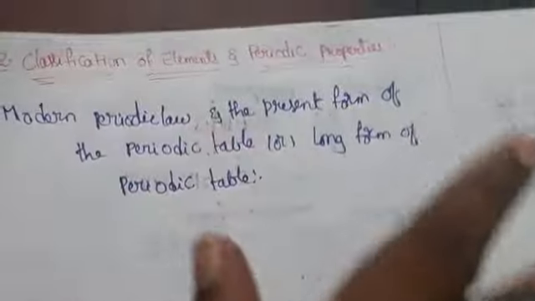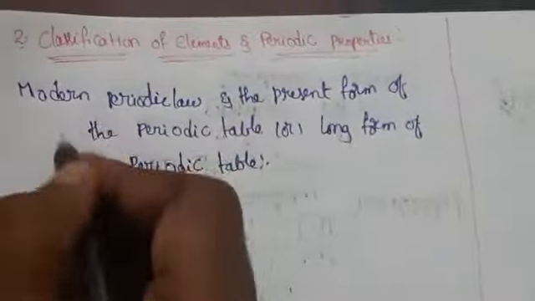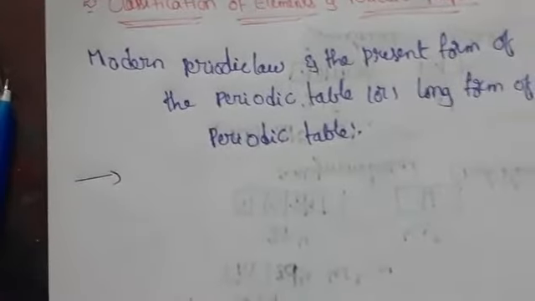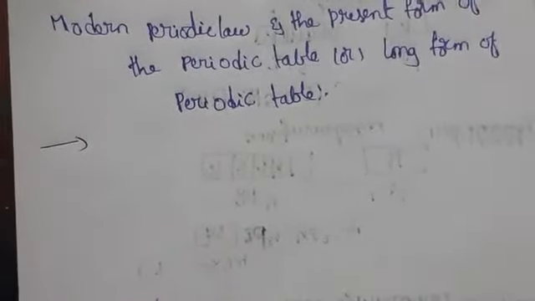Generally, most of the atomic numbers were calculated by Moseley. Who discovered the periodic table? Mendeleev discovered the periodic table, and he also gave a periodic law.